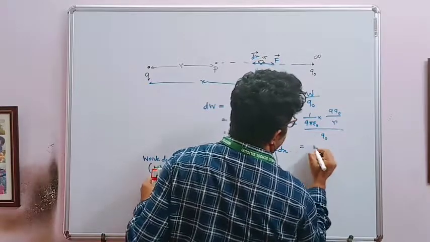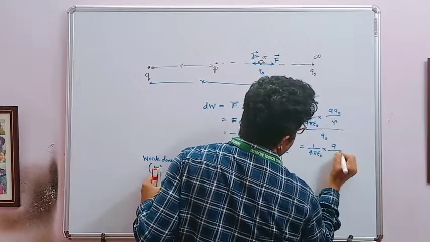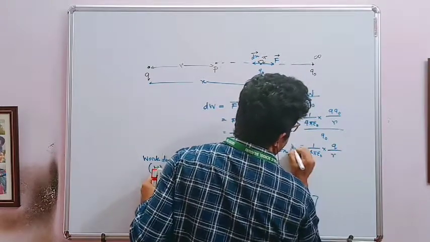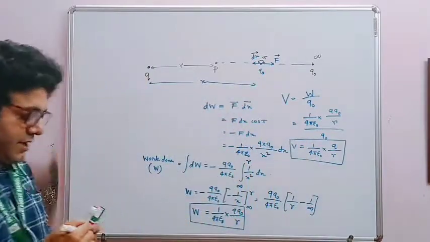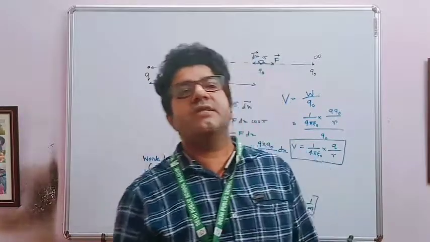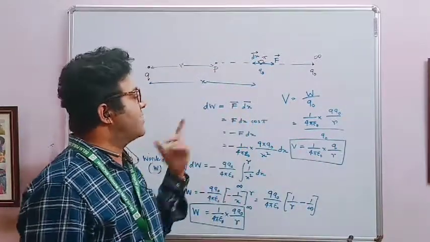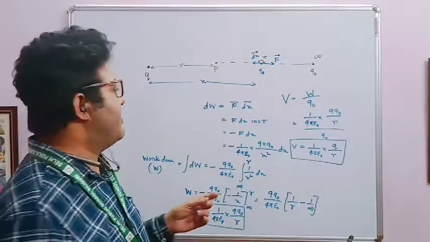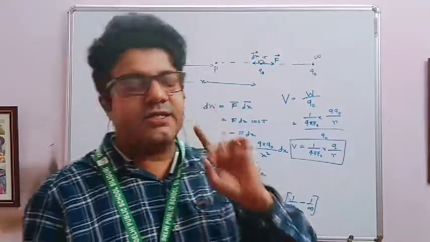This q naught cancels. So we have 1 by 4 pi epsilon naught, q by R, whose SI unit is volt. And the second thing is that this potential is a scalar quantity. Why? Because the dot product of two vectors is work done. Work done is a scalar quantity, and it is divided by charge. So electric potential is a scalar quantity.